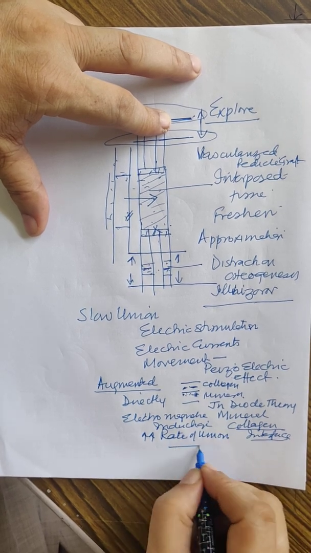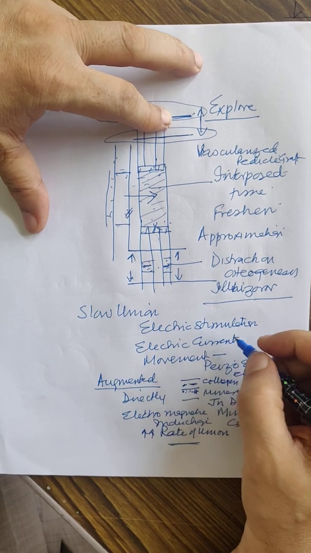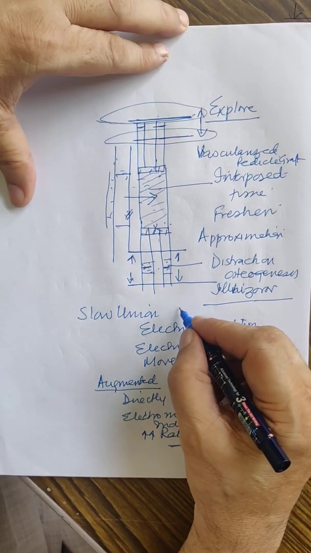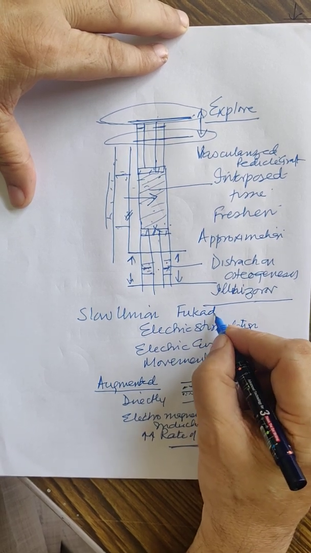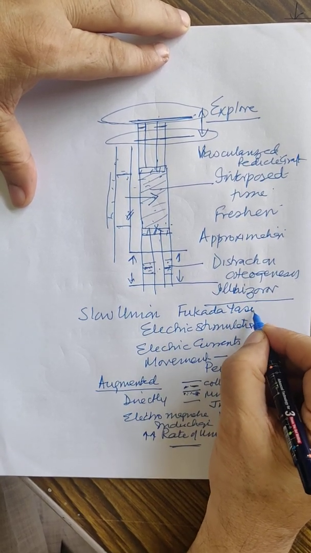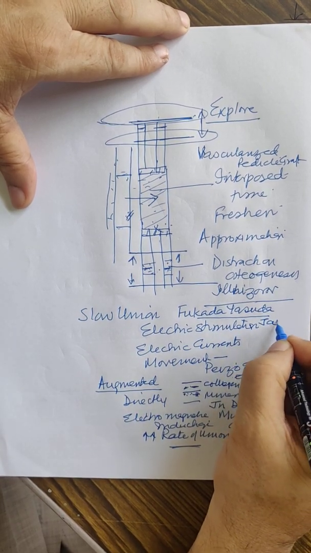The two names that you have to remember as far as research on electrical current goes are Fukuda and Yasuda of Japan.